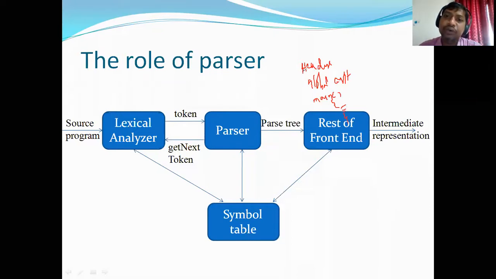Whenever you write your programs using this structure, then only they will be considered as valid C programs. So this is what we call syntax of the programming language, the structure.